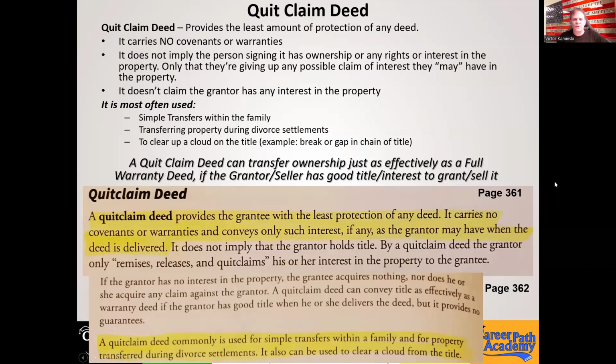Or let's say you've got a married couple that's selling the property, but only one of the people is listed as the owner of the property on the deed. When you bought the property, would you be okay with only one of the spouses signing it?